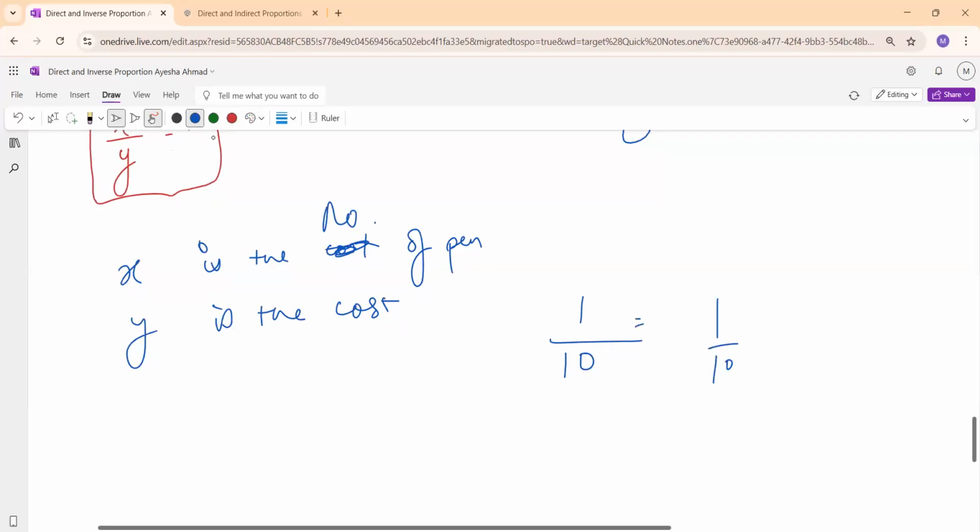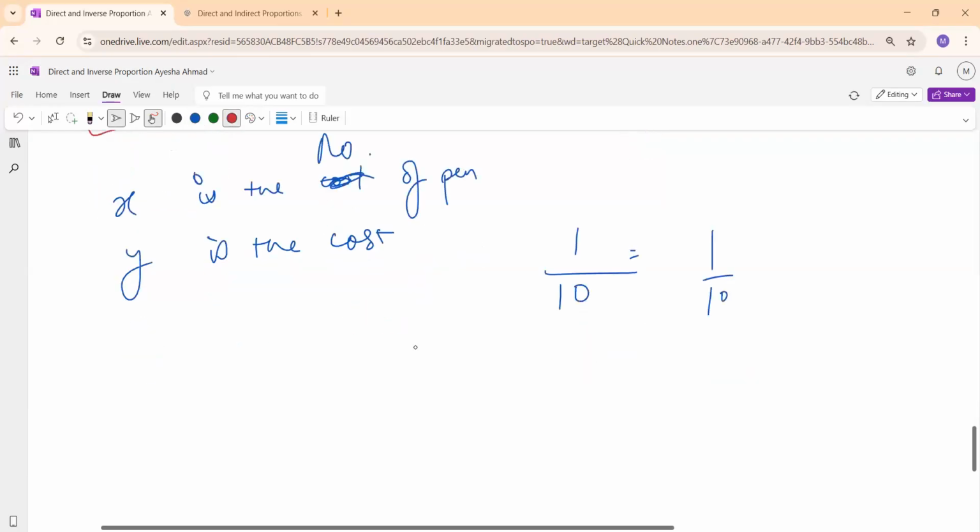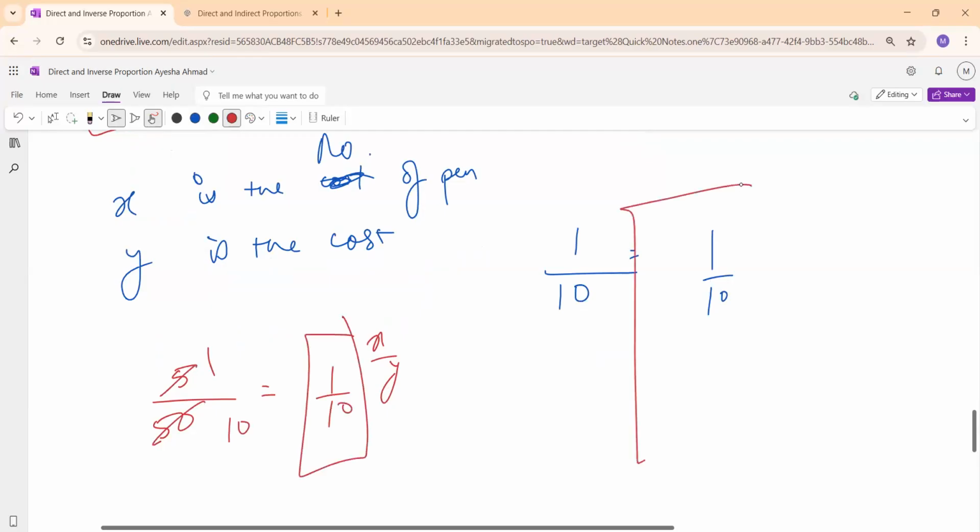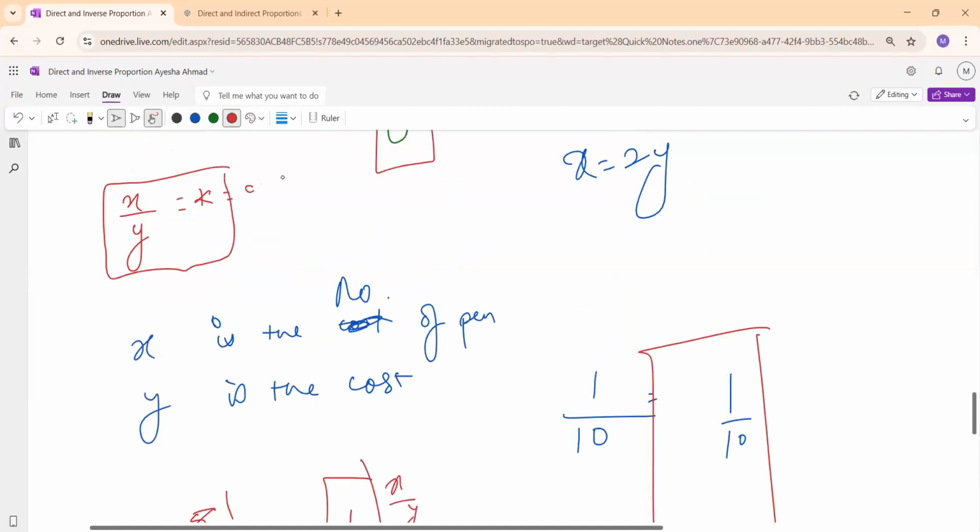Now Aisha, if I find out the cost for 5 pens, so now x by y means x is the number of pens, so it is 5 divided by y. Y is the cost. So the cost of 5 pens is 50. If you solve this, 5 by 50, this is 1 by 10 only. So now we can see the ratio is the same, that is 1 by 10. So this is what it means. The ratio is constant. We are not writing constant, we are writing k. This means the ratio will remain the same throughout the question.